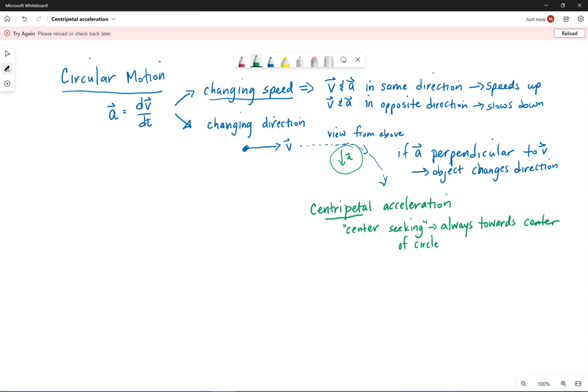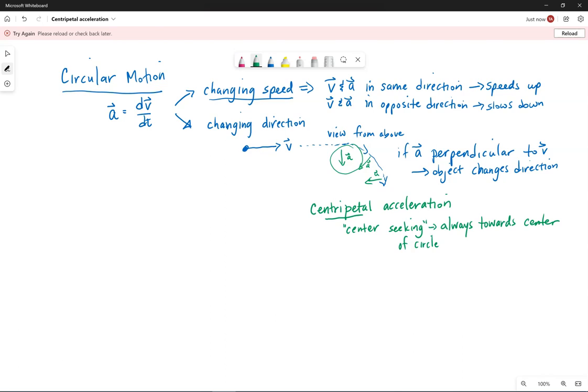So if we come back up to this picture where we were turning, to continue turning to the right, this acceleration direction would be changing. And it would point always towards the center of that circular path that was being taken by the object.